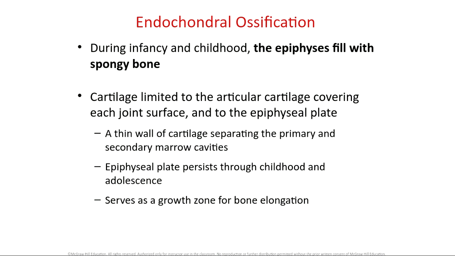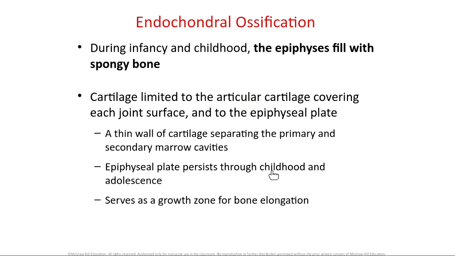During infancy and childhood, the epiphyses will fill with spongy bone, and cartilage is eventually going to be limited to articular cartilage. That should be the only place you'll see cartilage. As a child, you'll still see that cartilage at the epiphyses.